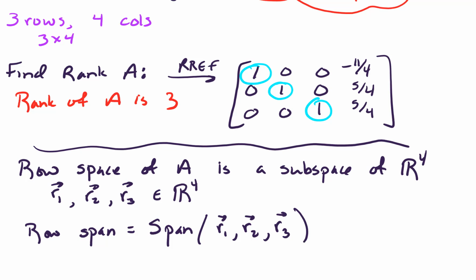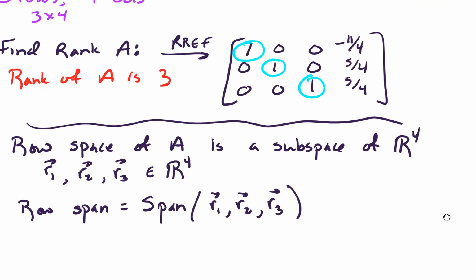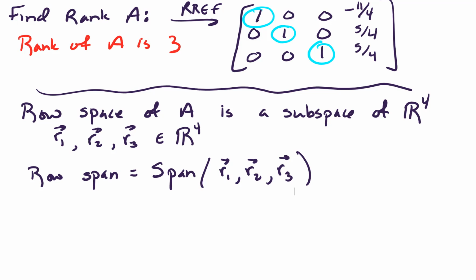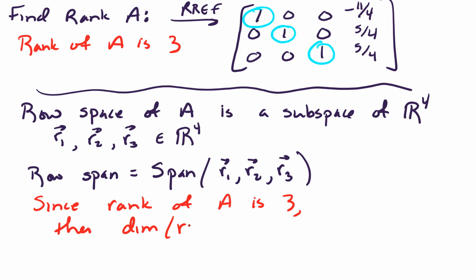Now we certainly don't have all of R4 because we only got 3 vectors, so we certainly cannot get all of R4. But we know what we do get. So let's write down a few facts so far. Since the rank of A is 3, this implies that the dimension of the row space is 3.